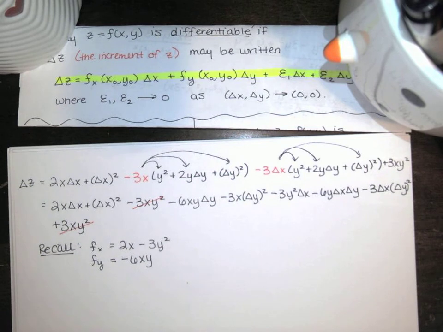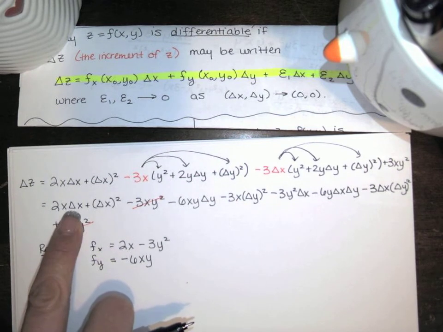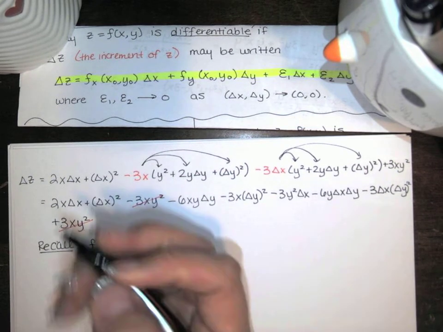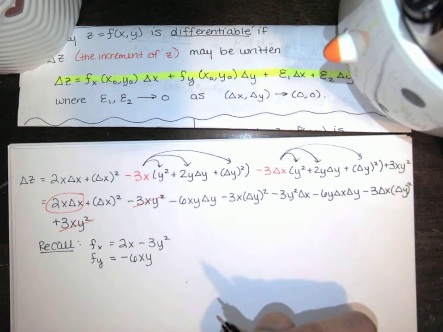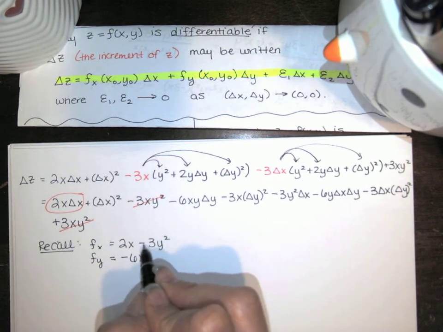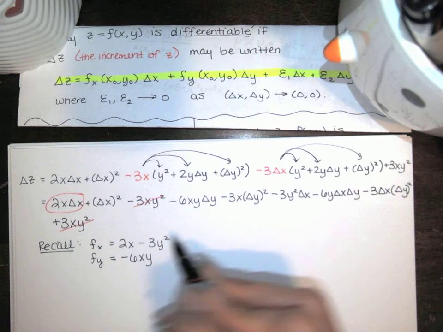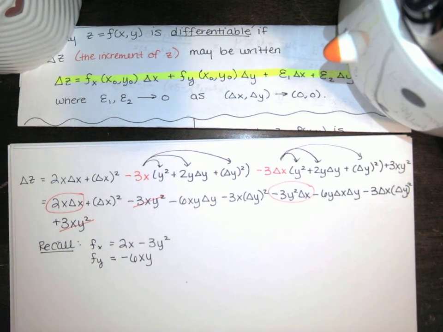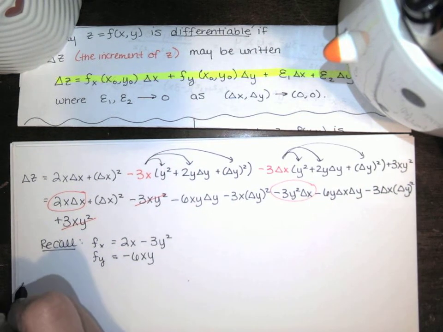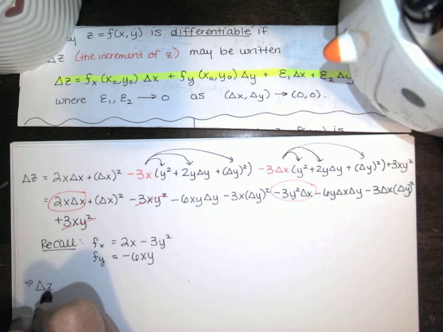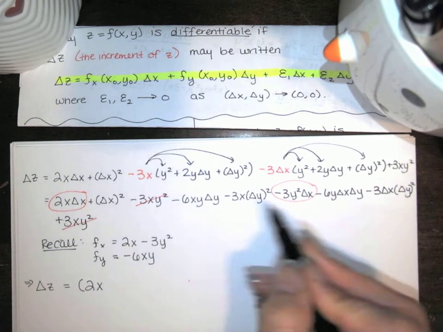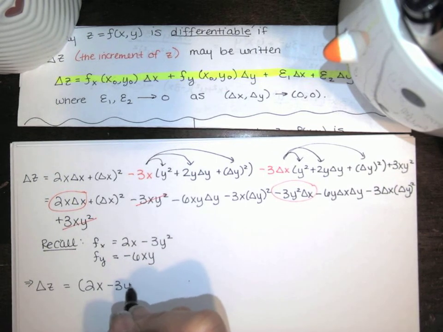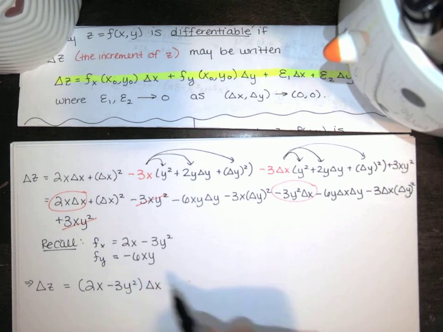Do you see it? There's a 2x times delta x. That's that first term, because I need this times delta x. So I have a negative 3y squared times delta x. There it is. So I'm going to group those two together. Factor out the delta x: 2x minus 3y squared times delta x.